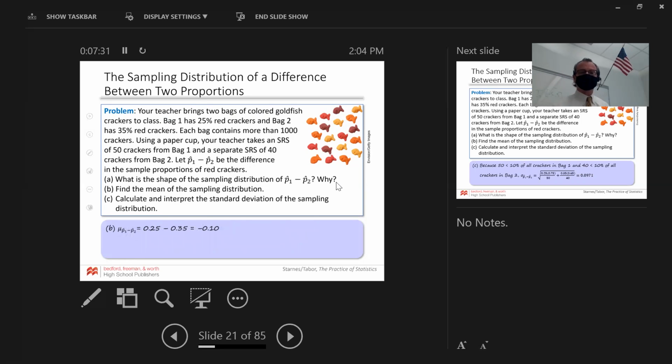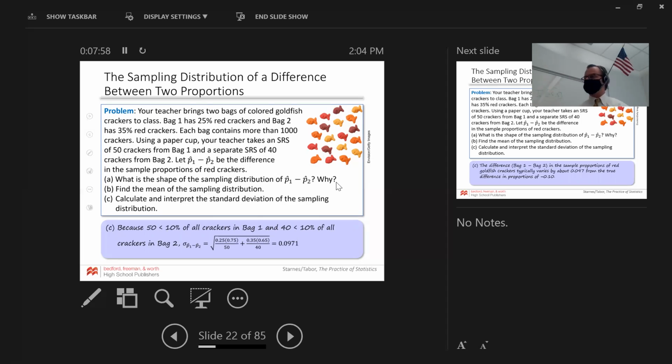The difference of proportions. If we do bag one, take away bag two, the center's negative 10%. The number doesn't have to be positive. We can do bag two, take away bag one, but it doesn't matter whether it's negative 10 or 10, because if we switch, you're just rotating the picture. Here's the step.